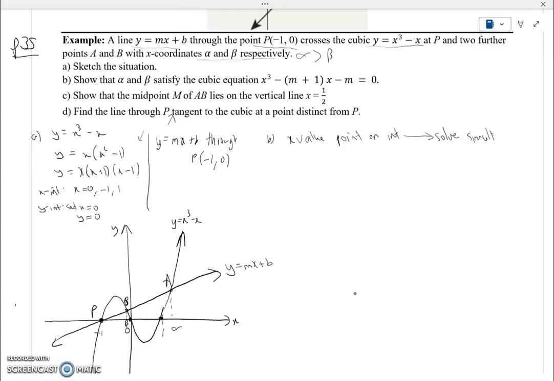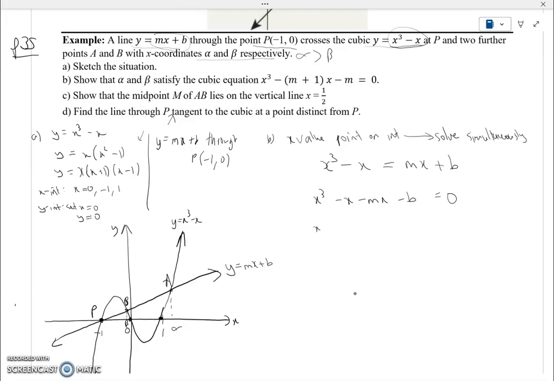So I'm going to solve these two simultaneously. I'm going to let the right hand sides equal each other. So rearranging, I've got x cubed minus x minus mx minus b equals 0.